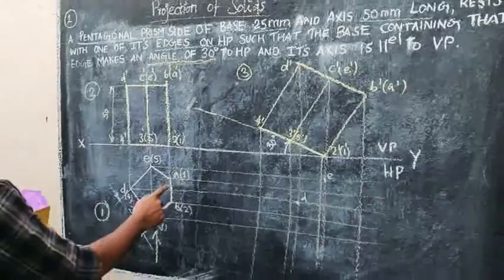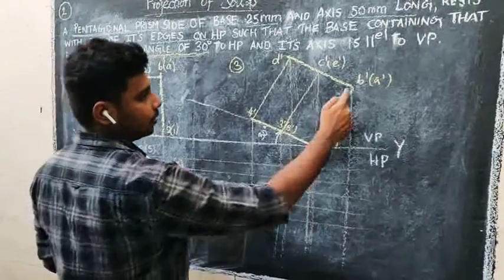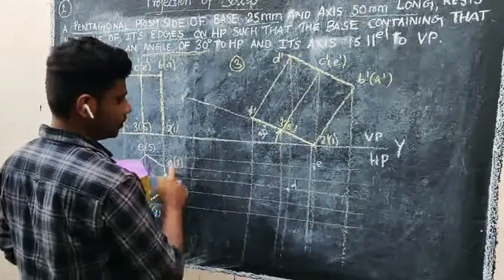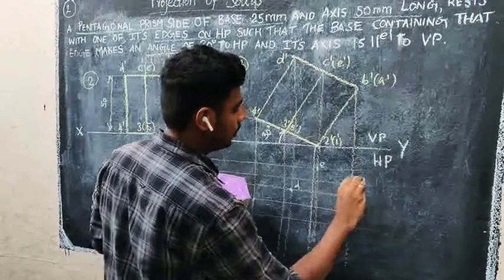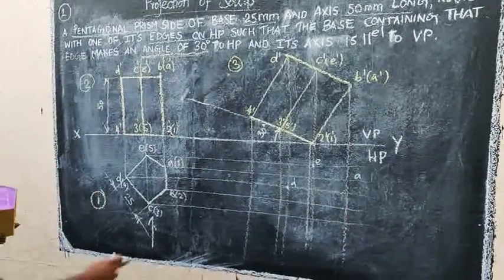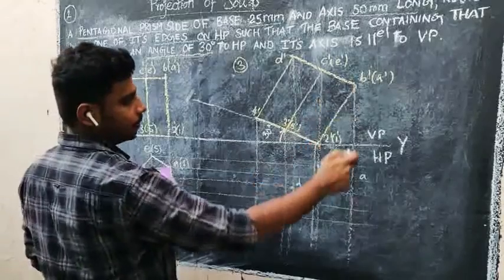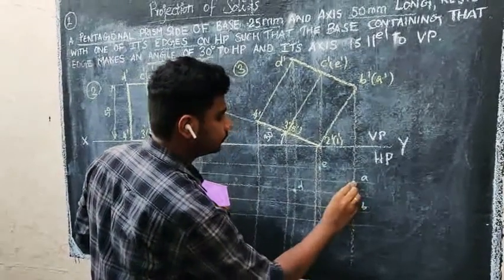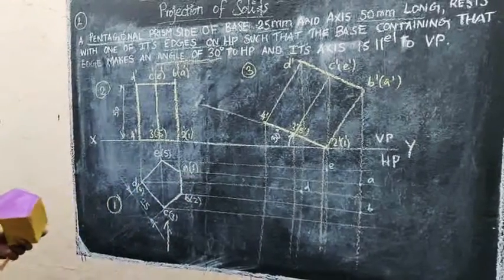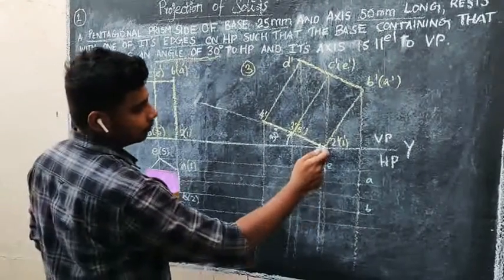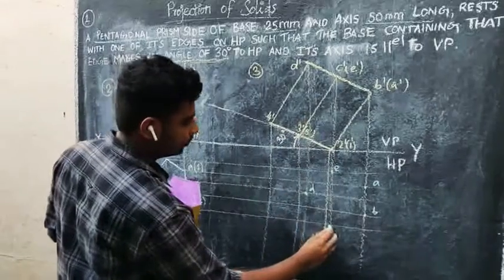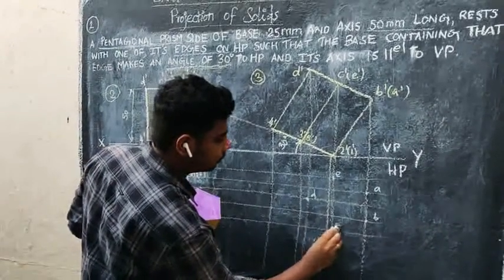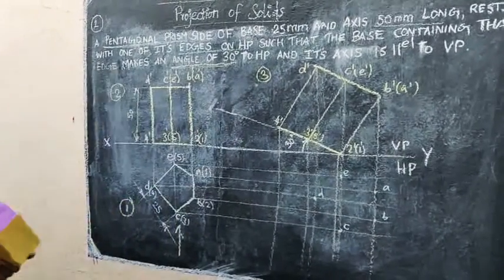So the next one, this is your A, and your A is combining here. So this is your A. This is your B, and B is combining here, and this is your B. The same way, this is your C, and your C is here, and this is your C, right?